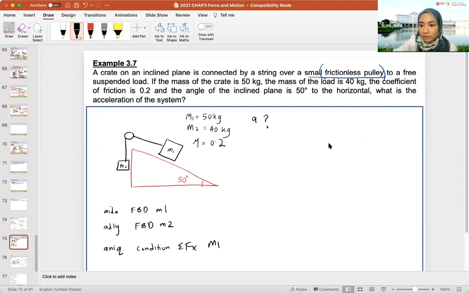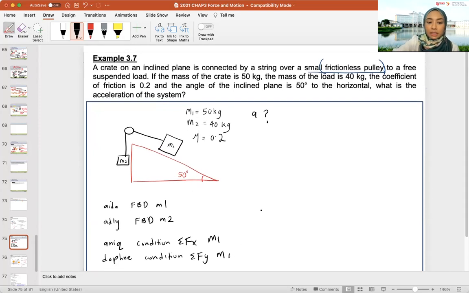Okay, banyak ni nak kena buat. So saya akan agihkan. So Daphne. Saya rasa saya selalu panggil Daphne. Sorry Daphne. So Daphne buat condition net in the FY for M1. Okay. Banyak ni. Lepas tu Hazira.